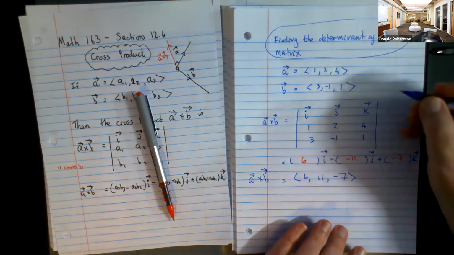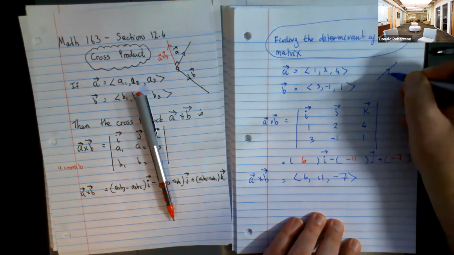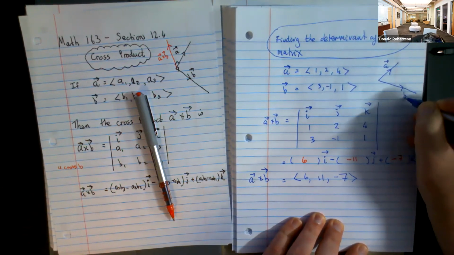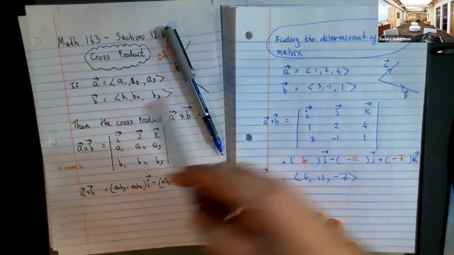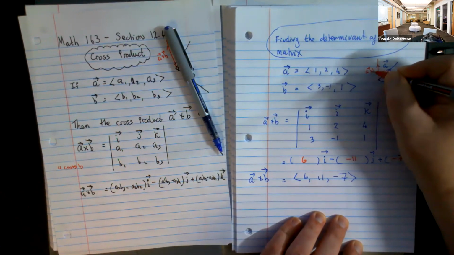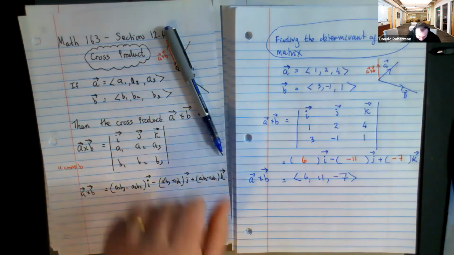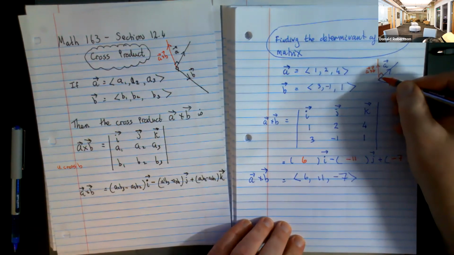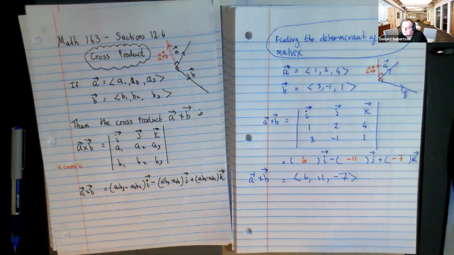Now, according to what I said at the start, if you can imagine this as being A and this is B, then shouldn't the cross product, this guy, be perpendicular to A and at the same time perpendicular to B?